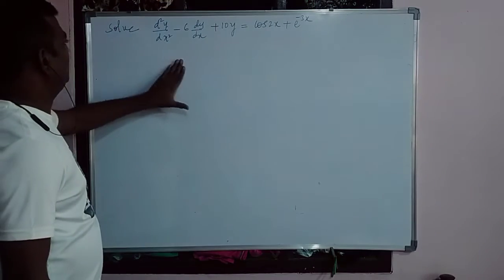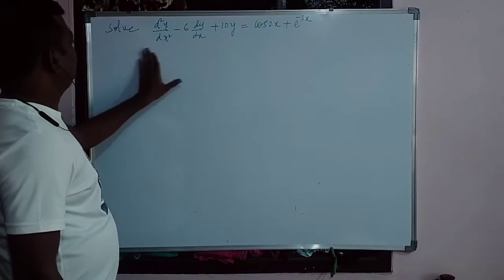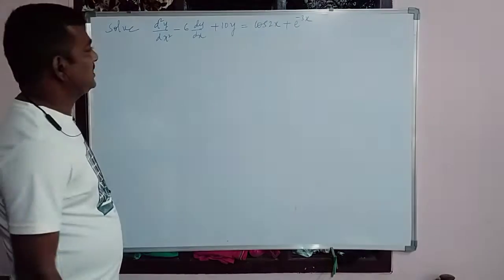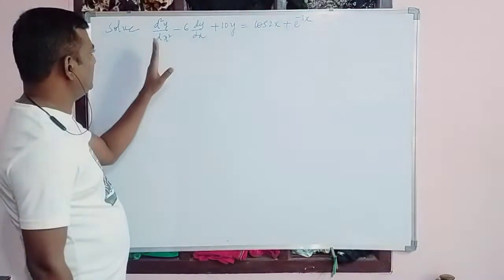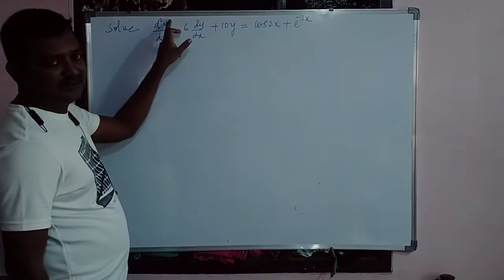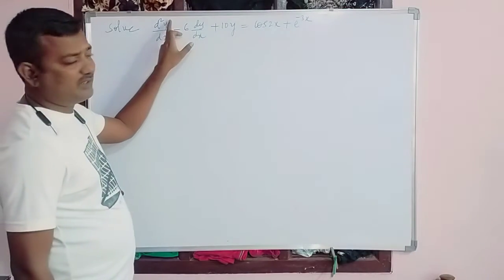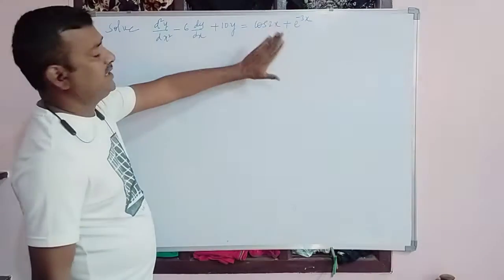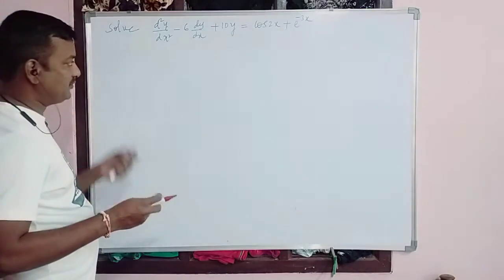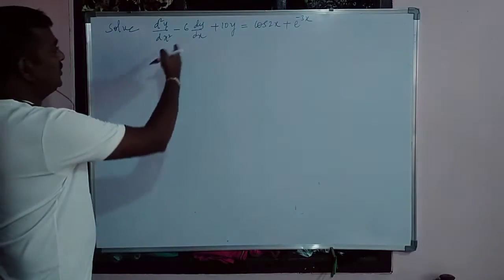Now this example is totally based on linear differential equation with constant coefficients. d square y by dx square is a second order linear differential equation, and it is non-homogeneous because the right side is not equal to 0. So how do we find the solution?